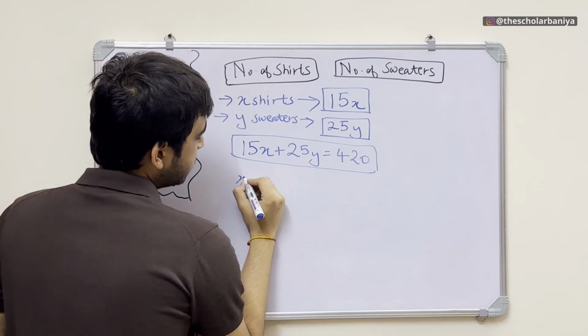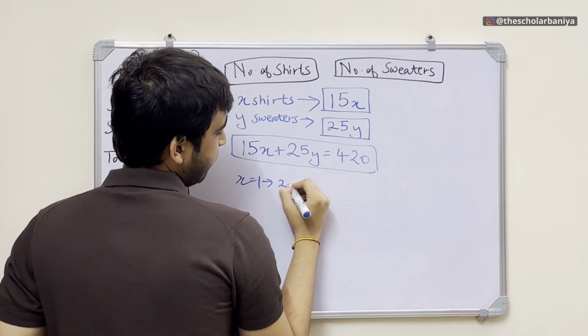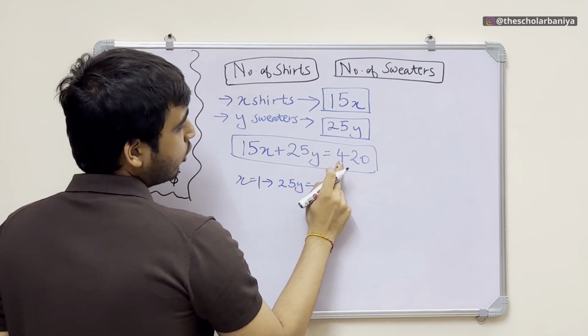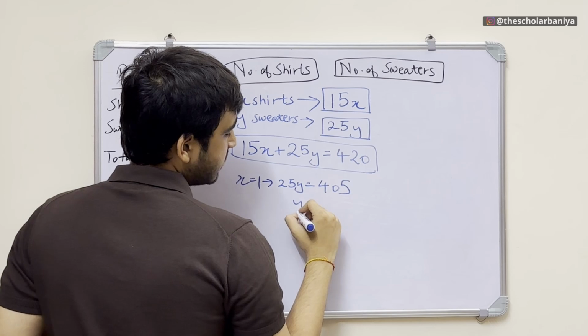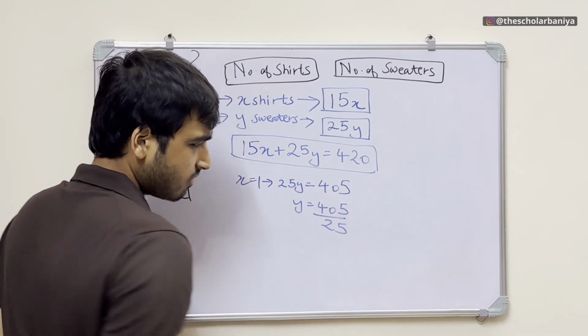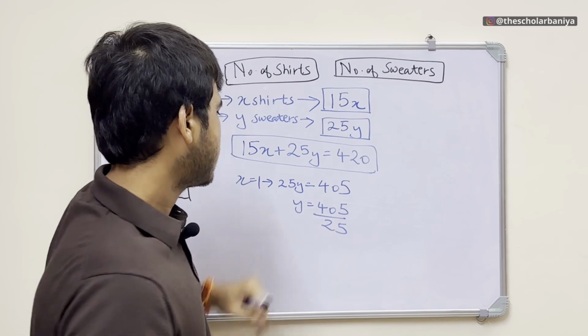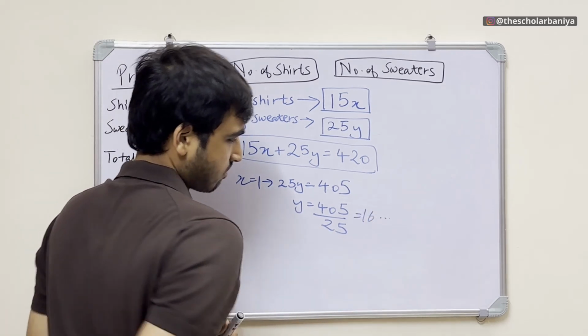If we take X equals 1, then 25Y equals 420 minus 15, that is 405. So Y equals 405 upon 25, which if you solve is somewhere around 16 point something.